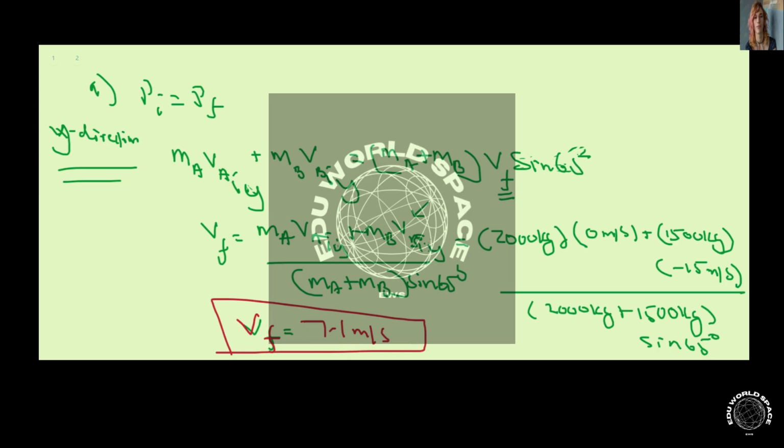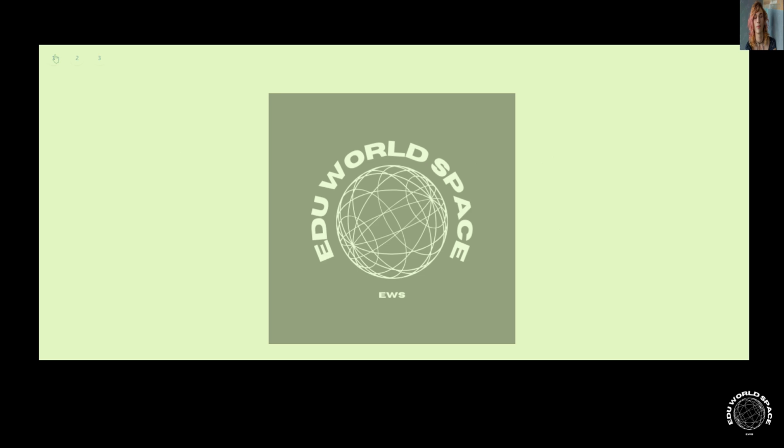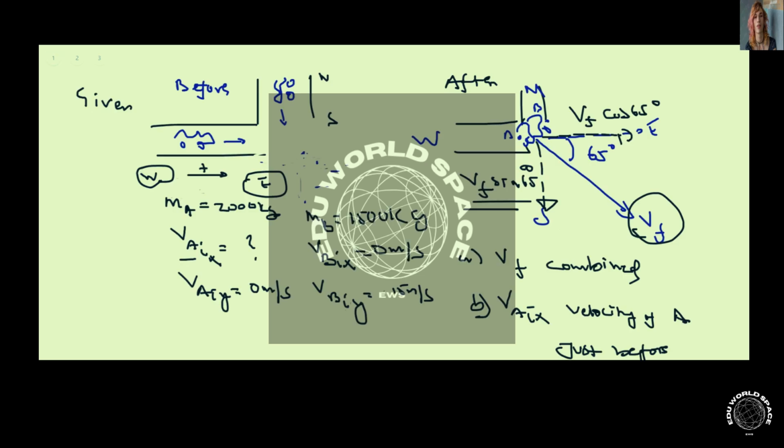And then the second part of the problem, we want to find the initial velocity of A, which we're calling VAIX.